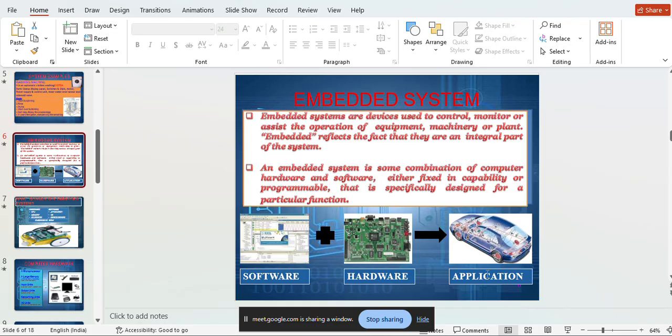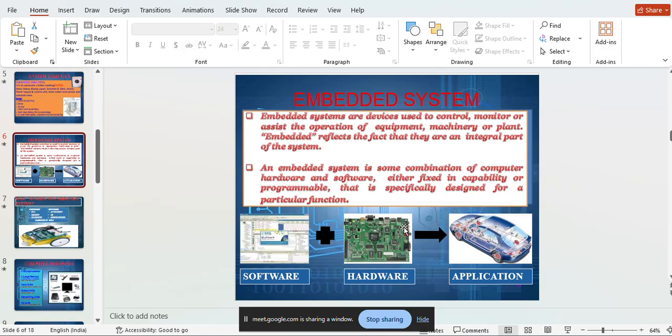An embedded system is nothing but an application. Why are you combining hardware and software? Because you are building an application, product or anything. For that you must combine both software and hardware. After this the product will be developed.